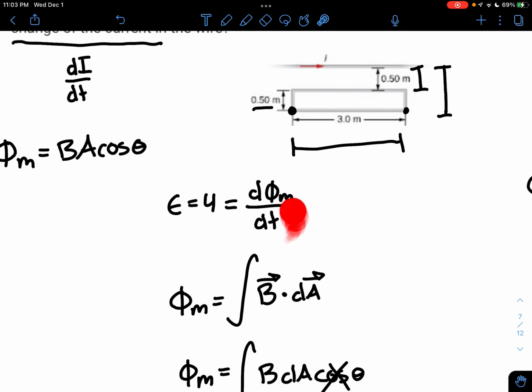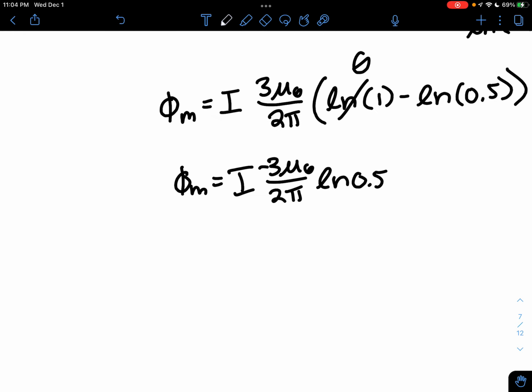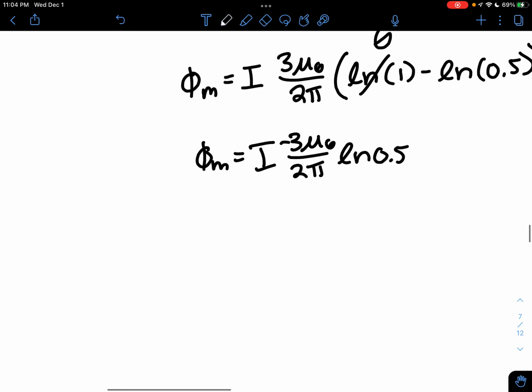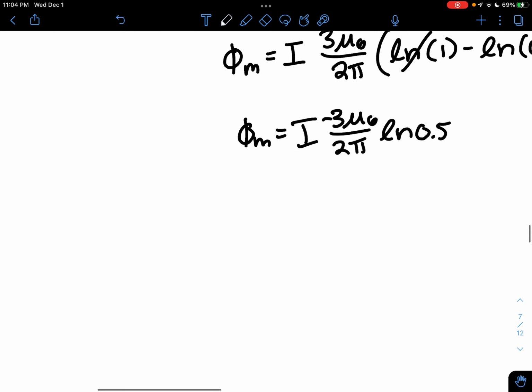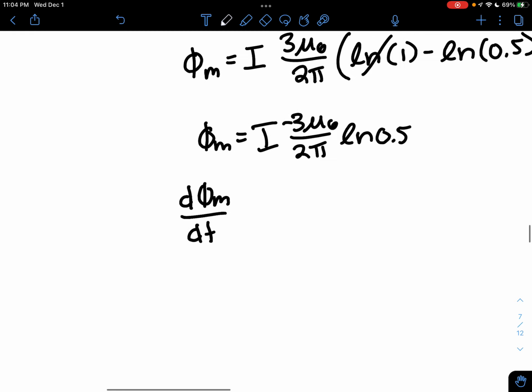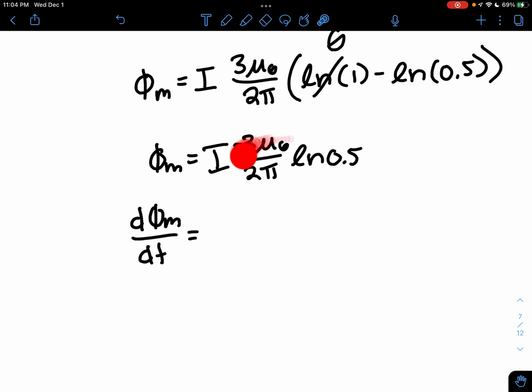We have our magnetic flux differentiated with respect to dt, all right? So if we now take the derivative of both sides with respect to time, that's going to give us our d flux dt, right? This is all just constants.